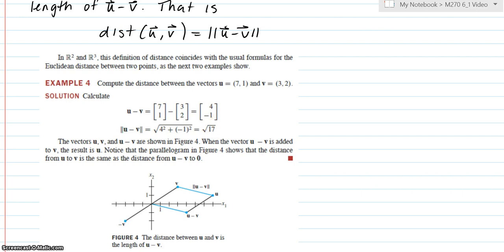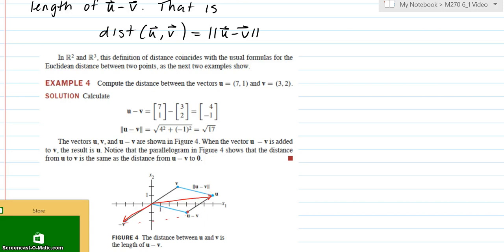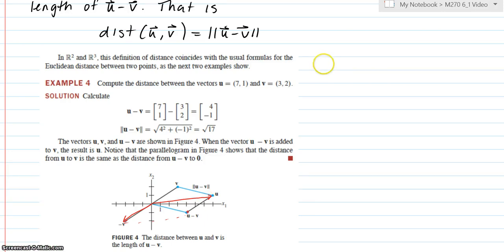That is the distance. To see that, you can see here that here's U and here's V. So minus V is really what I want to add. And when we add those, we form a parallelogram. So you can see from here to here is U minus V, or the length, or this blue as well, is the length of U minus V. Which, by the way, coincides with our distance formula.